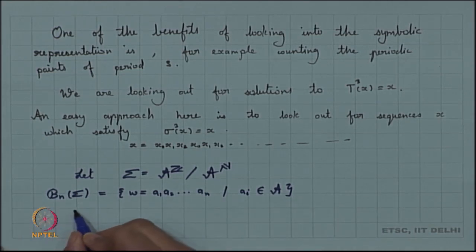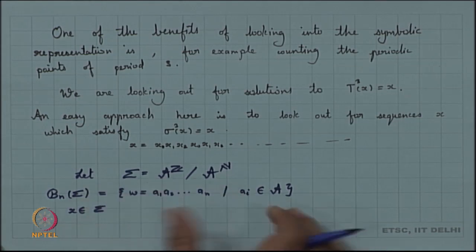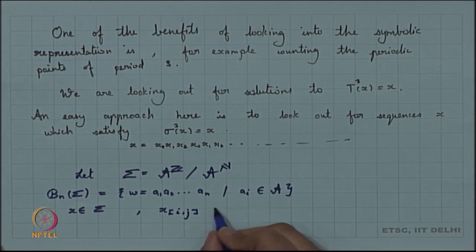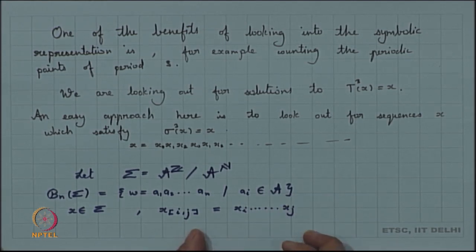Let us take a typical element x of sigma. Then we know that our x can be written either in a bi-infinite manner or an infinite manner. So, we define a block x_{i,j}, everything going from x_i up to x_j. So, this is our block i j.